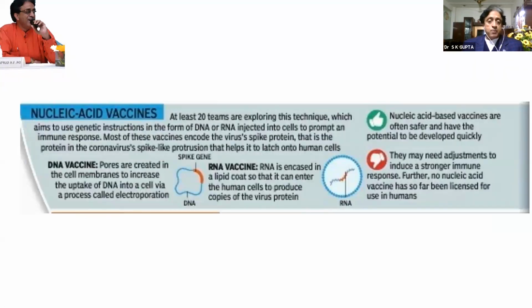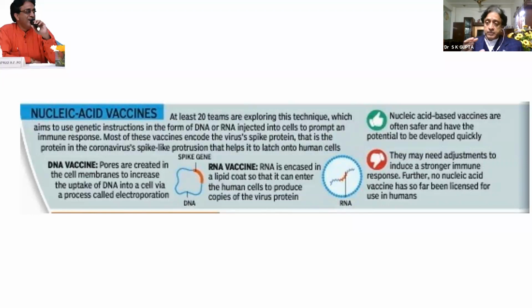And third, the most popular one is the nucleic acid vaccine, the DNA vaccine and the mRNA vaccine. The mRNA vaccine is one which is pretty fast to develop. And you might wonder why I am saying that mRNA vaccines are pretty fast to develop. Because you might have heard that in RT-PCR based testing, the mRNA is separated. It is pretty easy to separate the viral mRNA.